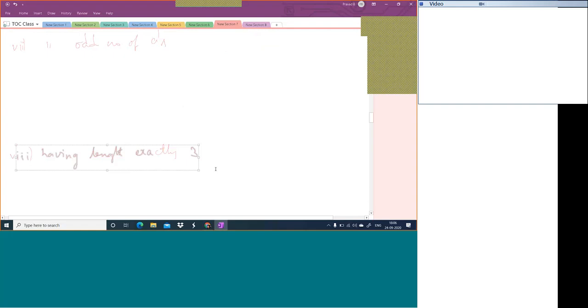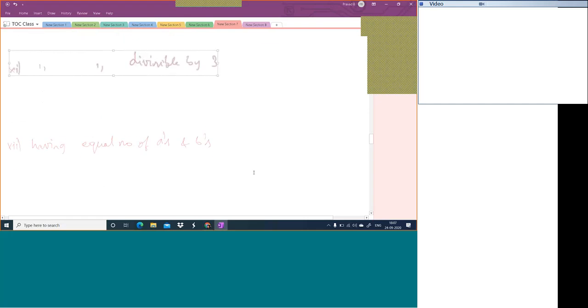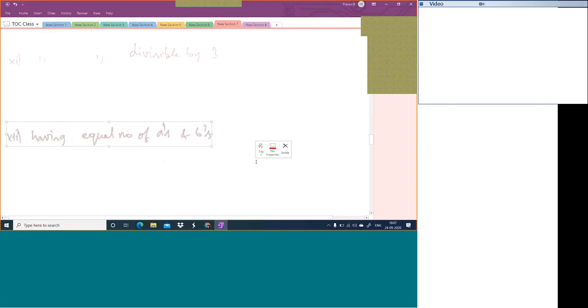Having length exactly 3. Having length at least 3. Having length at most 3. So here are 3 questions: length exactly 3, at least 3, at most 3. Next, length divisible by 3. Next, having an equal number of A's and B's.